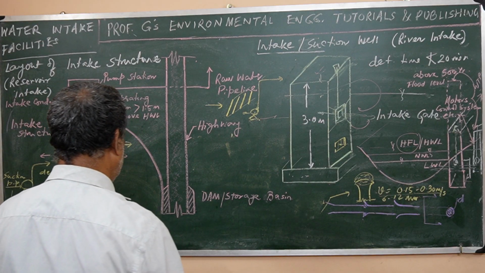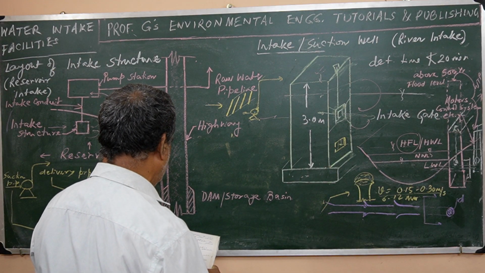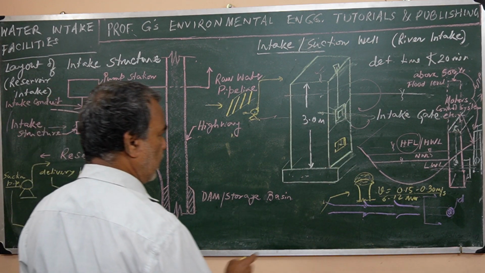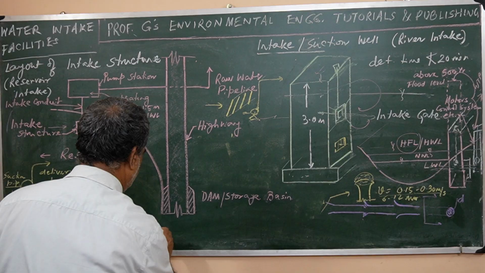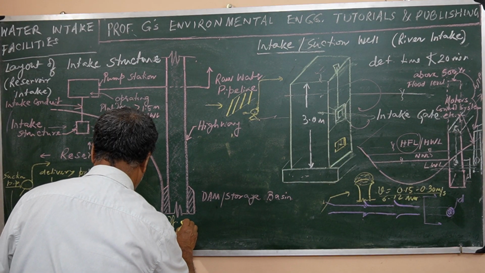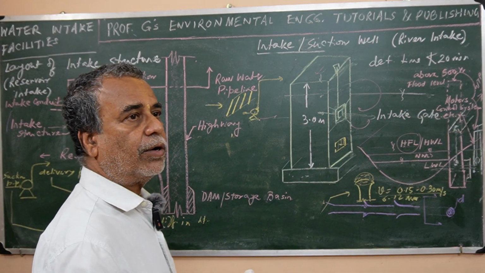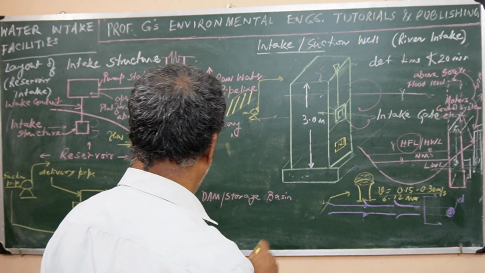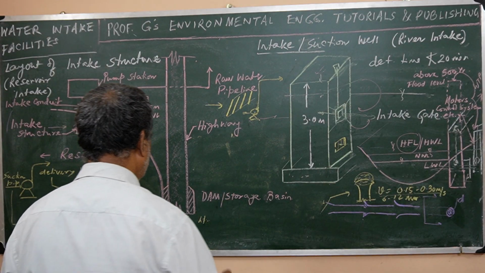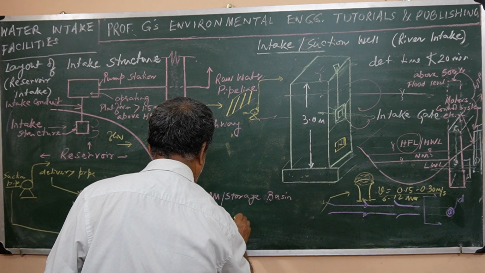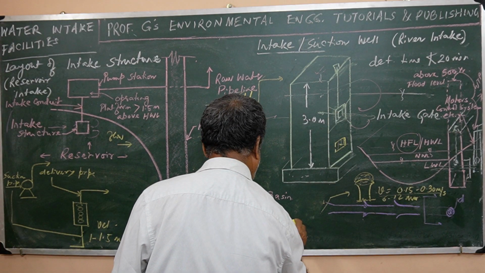The difference in height between the lowest water level and the center of the pump shall not be more than this. Remember that. I am writing only the height, but kindly listen to my lecture so that you can remember this, or you can take notes also. The difference in height between the lowest water level and the pumping center of the pump.